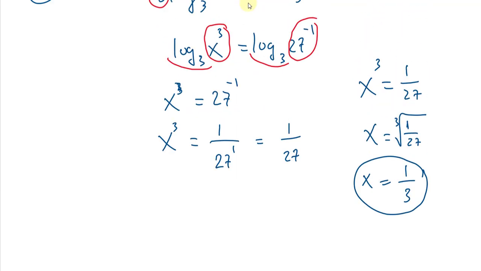Okay, we have problem 7, the next one. In this problem we are given ln of 3 equal a, and ln of 11 equal b. ln is log base e.